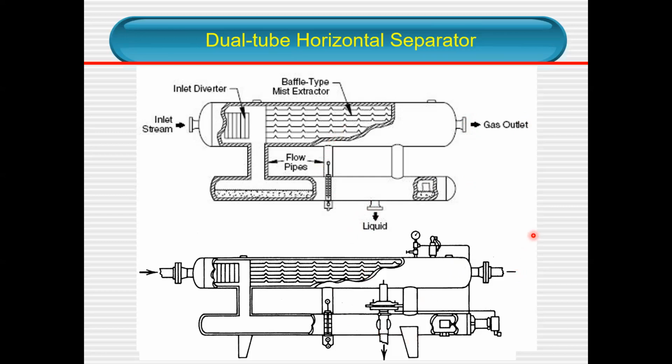Why do we need two most of the time? If we know the type of crude oil that is flowing is going to be difficult to separate, this is where you need a dual tube. So you go to another separator from here. I'm just giving an example of why we need two. From this separator, it goes to the next separator to make it more efficient, so that the gas being produced is much cleaner compared to the first separator.